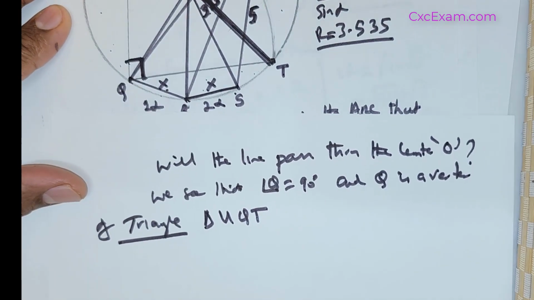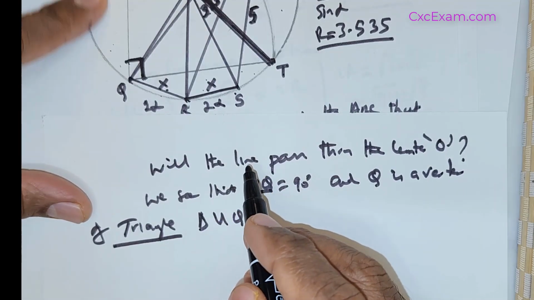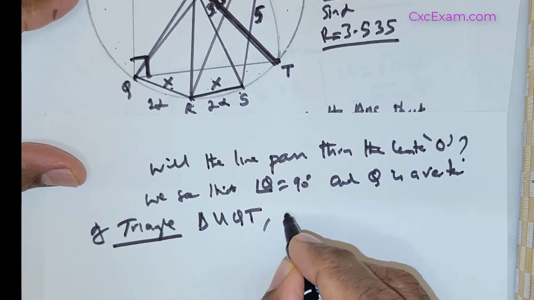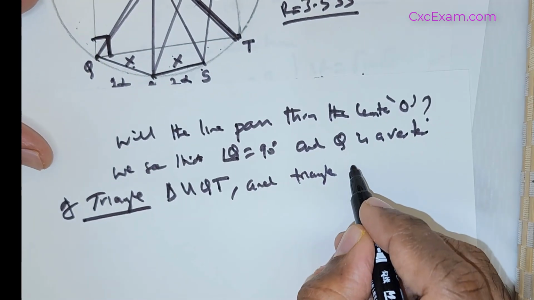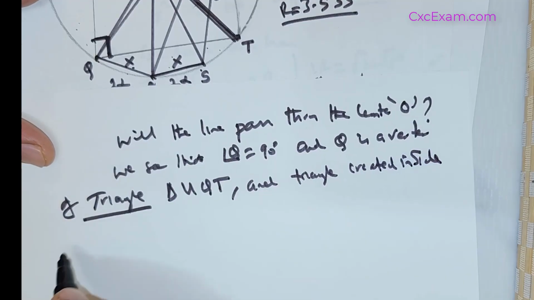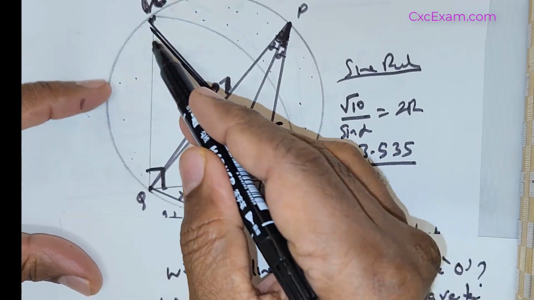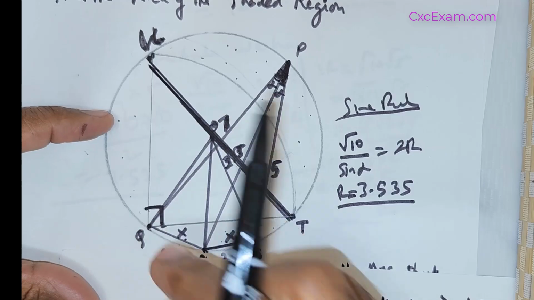Okay, and clearly this is a triangle created inside a semicircle. That's inside the semicircle, right? Is it not? This is one part of the circle, this is another part of the circle, this is inside the semicircle.